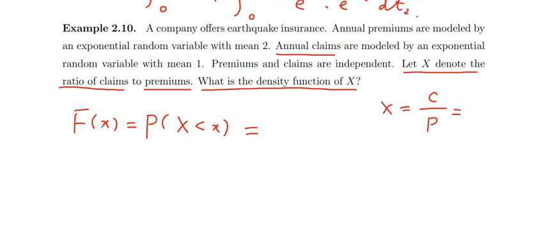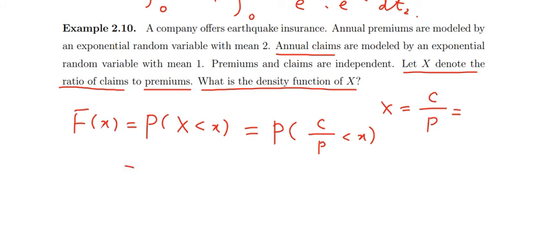Cream is for exponential distribution. So, let's say X less than x equals cream over premium, this less than x.